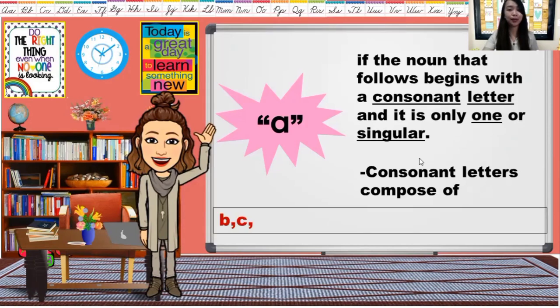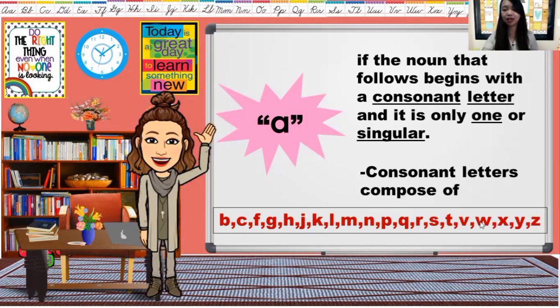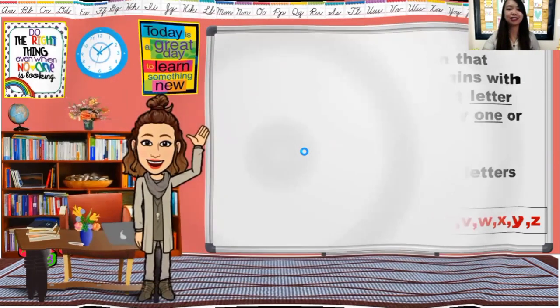So these are B, C, F, G, H, J, K, L, M, N, P, Q, R, S, T, V, W, X, Y, Z. If the noun starts with the following consonant letters, we are going to use a. Okay? Now let's have these examples.